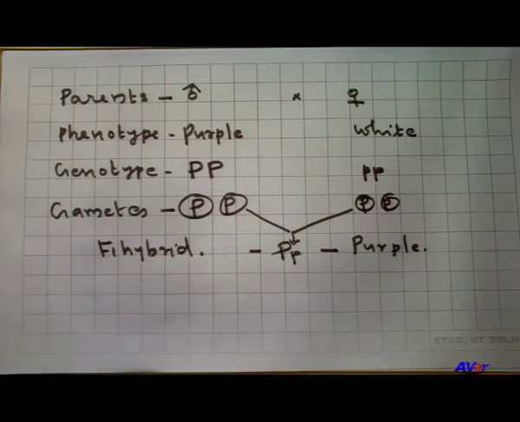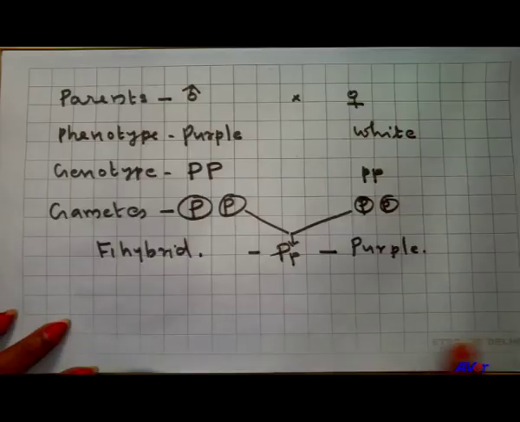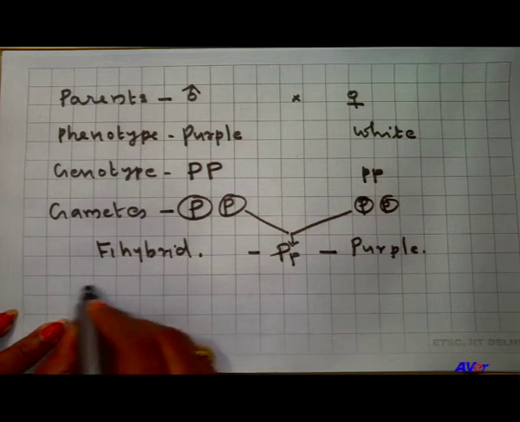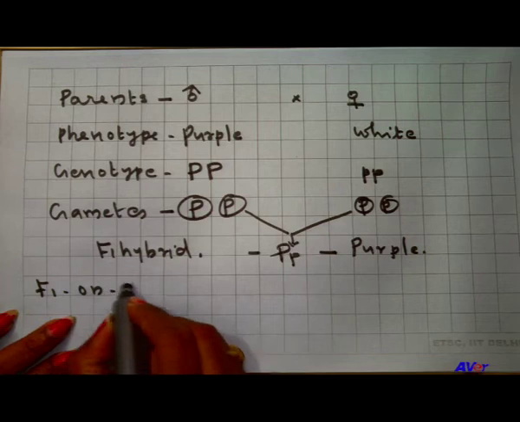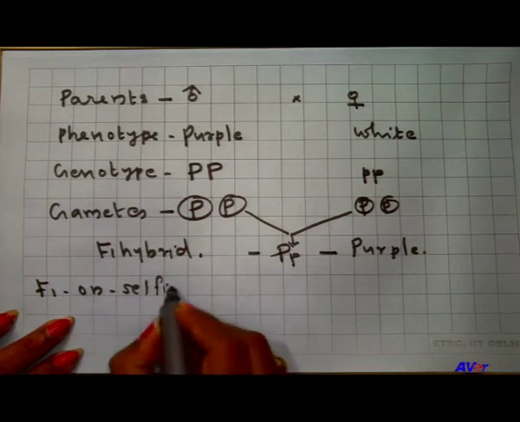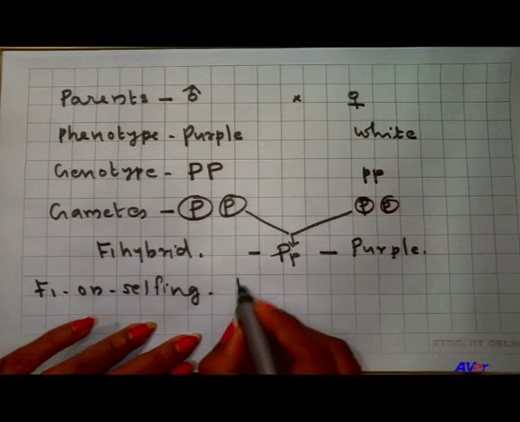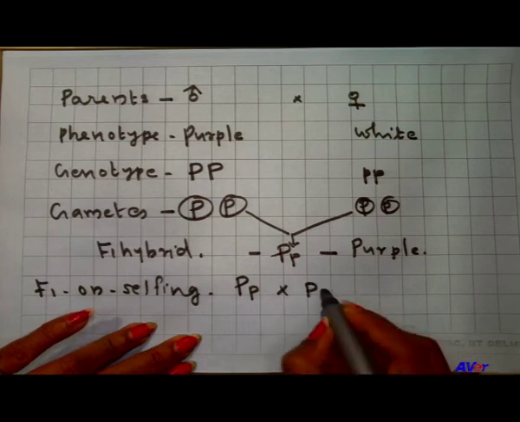Now, here it is again asked in the question, what will be the nature of F2 progenies, phenotype as well as genotype. That means, we have to show the F2 generation also. So, F1 on selfing, we will represent it as capital P small p into capital P small p.